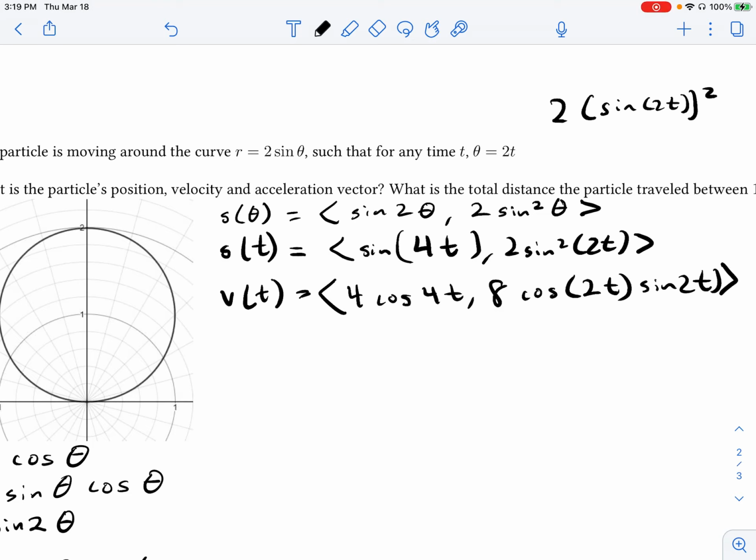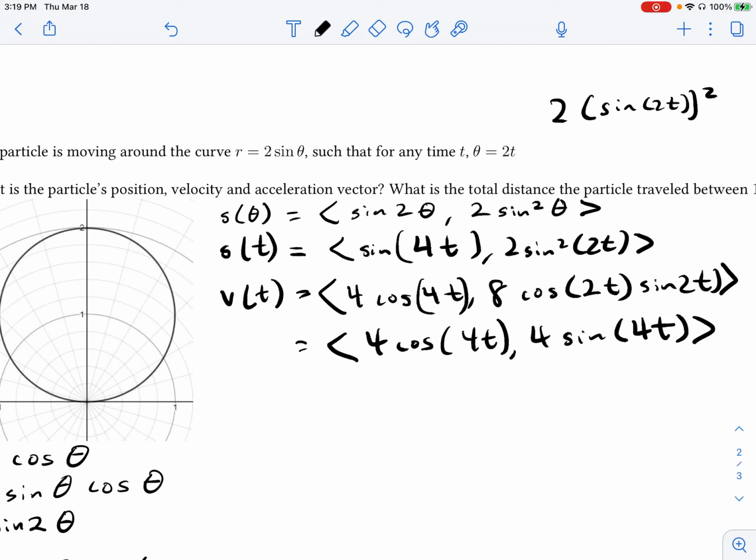And if you want to, you can indeed use a double angle identity here to simplify that again. So 4 sine of 4t. I'm just applying a double angle identity again here.